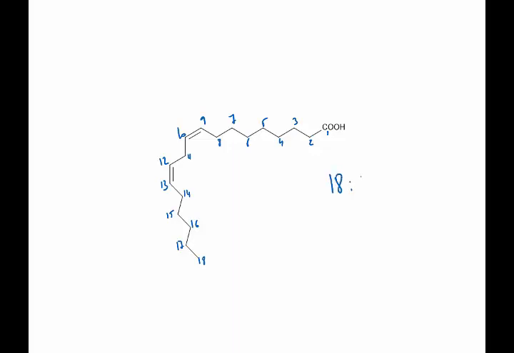Again we have 2 unsaturations or 2 double bonds, and they are in position 9 and 12. So we have linoleic acid, or an acid with 18 carbons, 2 double bonds or 2 unsaturations, and they are in position 9 and 12.